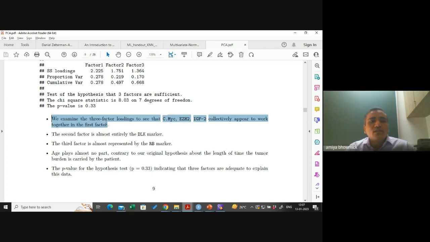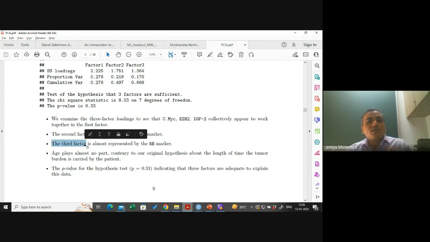As I explained, these three appear to work together in the first factor. Then the DLK marker is for the second factor, and the RB marker is for the third factor.